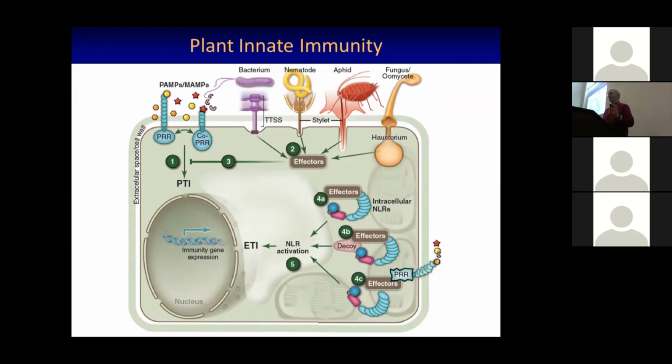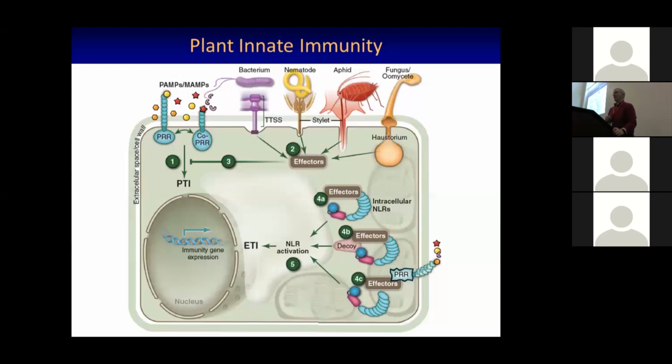These are essentially components that are on all microbes and that can be recognized by plants. Okay, examples would be like flagella, chitin, LPS, all kinds of common components that microbes basically present to plants that can be recognized. And oftentimes they're recognized by what I call pattern recognition receptors.